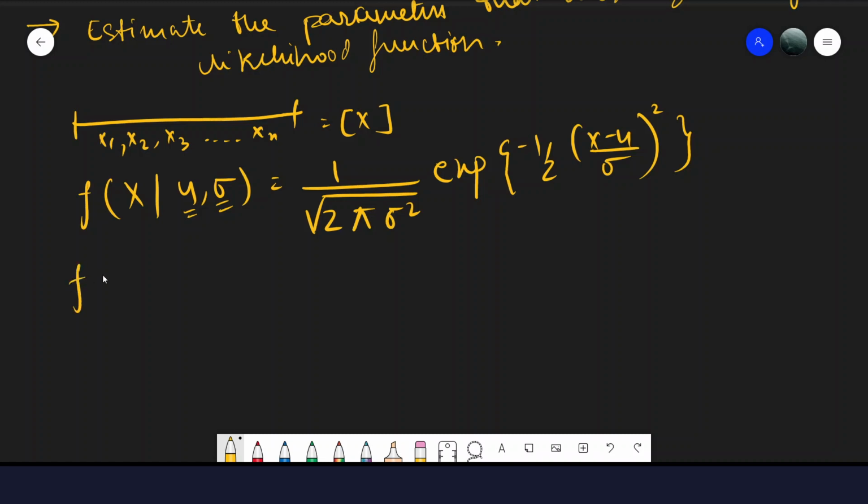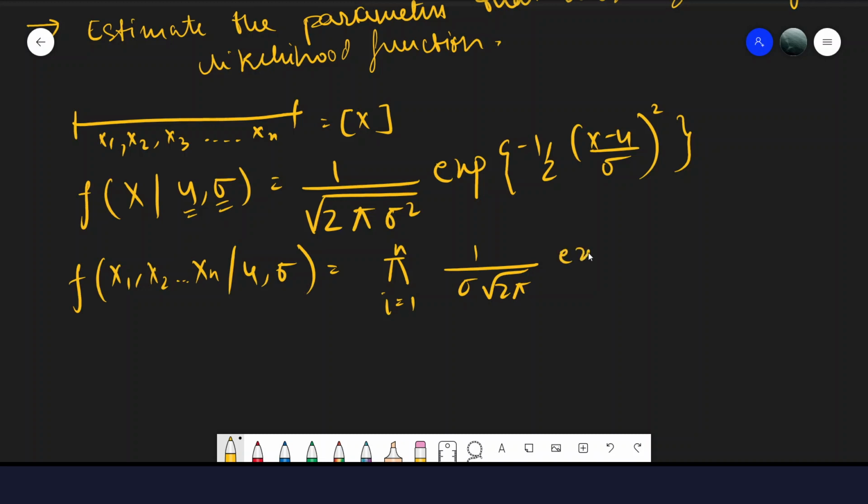So I can write this as the probability of x1, x2, all the way to xn given mu, sigma, is equal to the product over i equals 1 to n of 1 by sigma under root 2 pi exp of minus half into x minus mu by sigma the whole square.